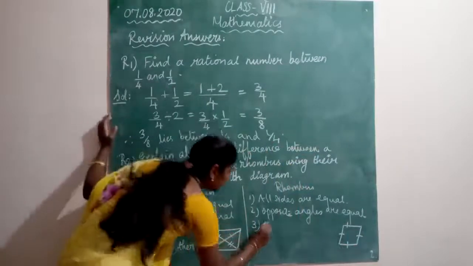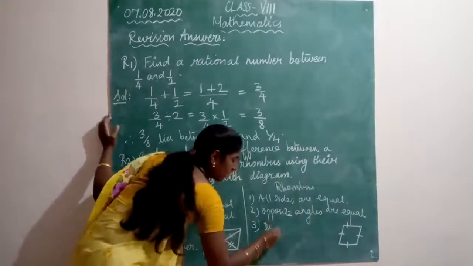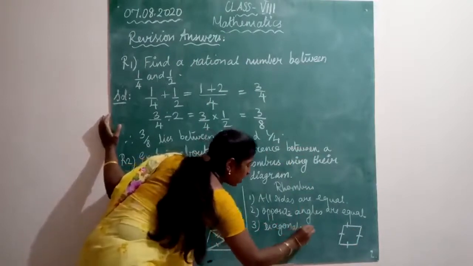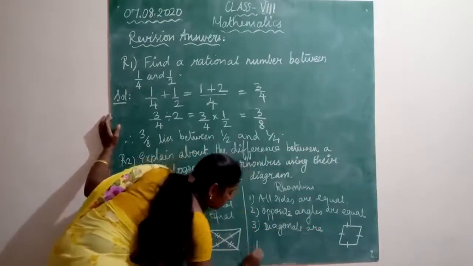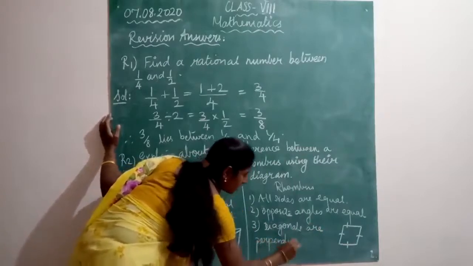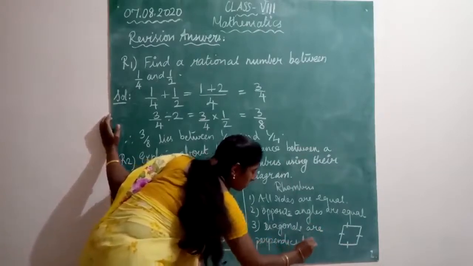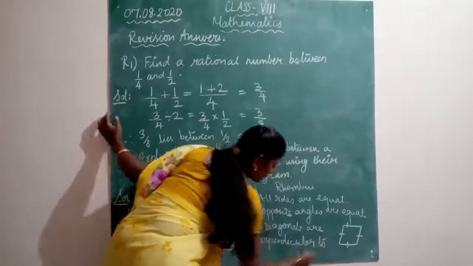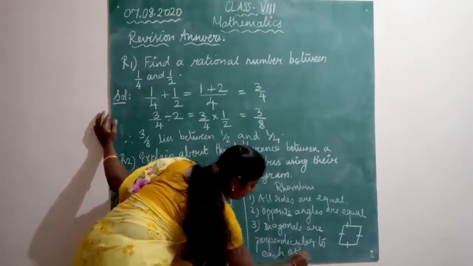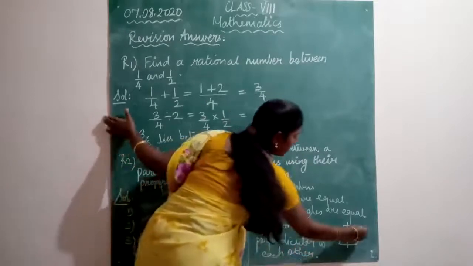And here, diagonals do not bisect, but the diagonals are perpendicular to each other. Understood?